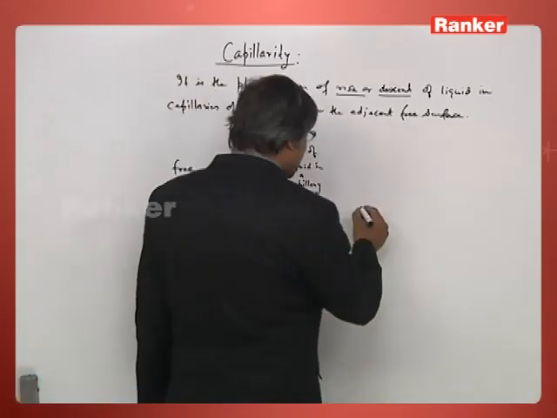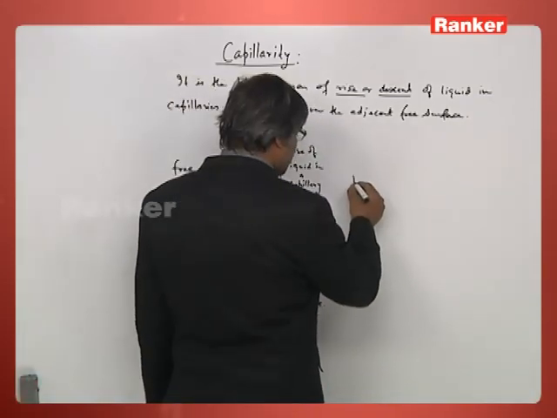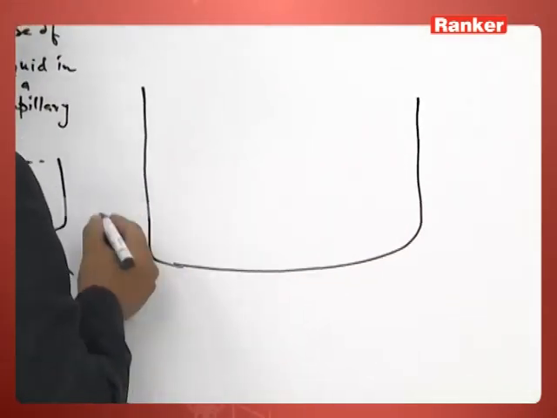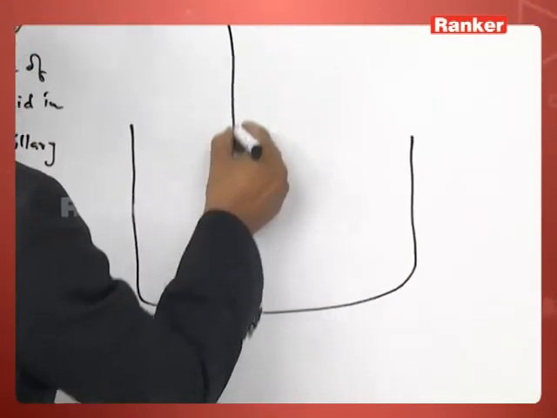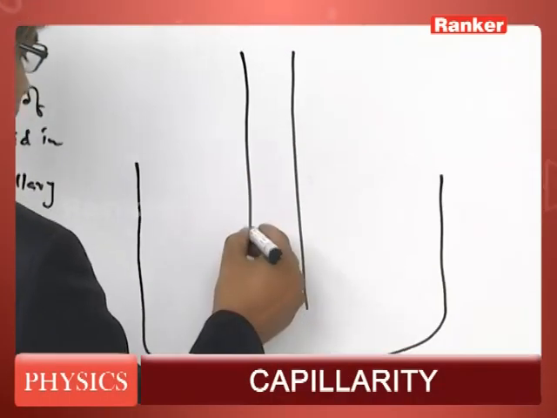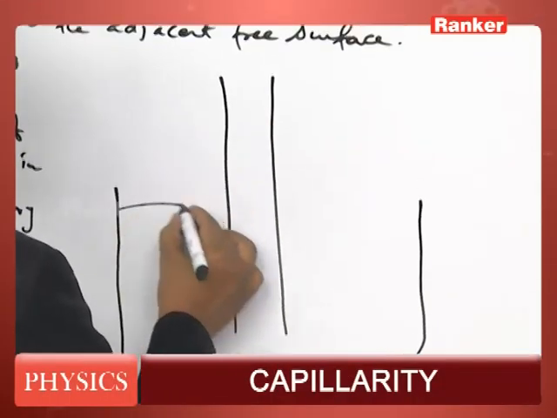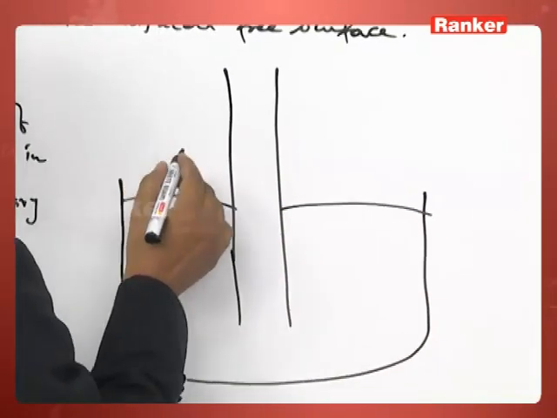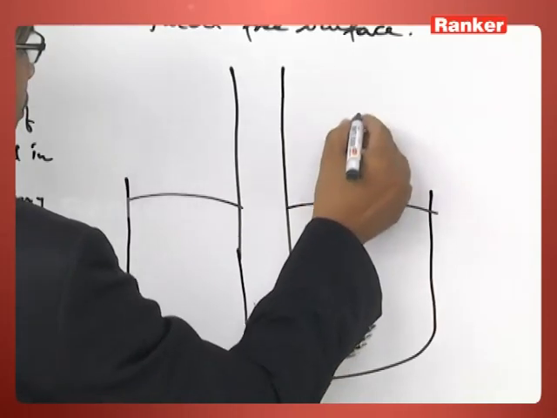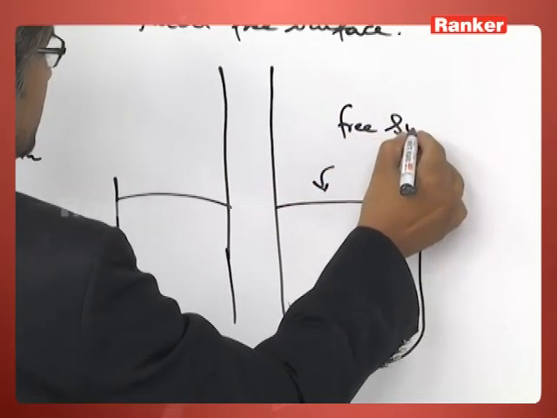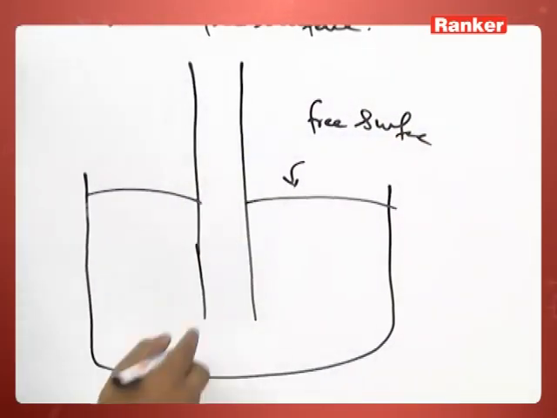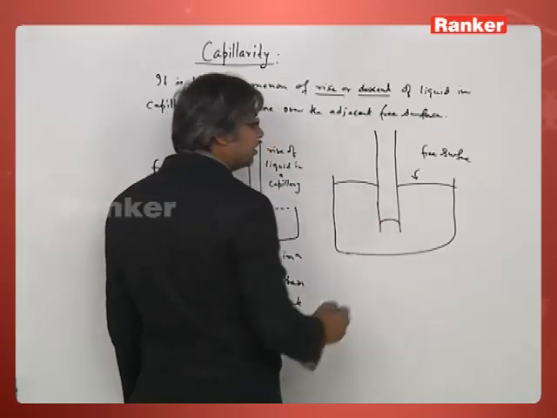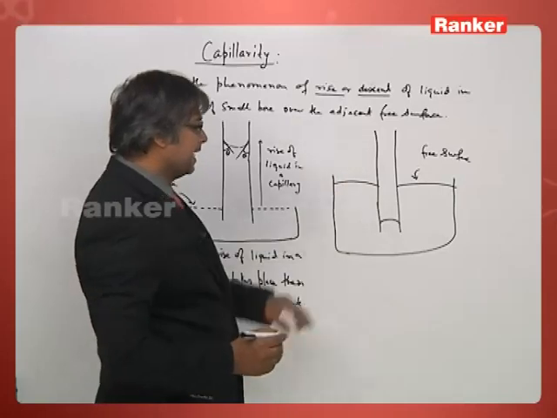There is another kind of liquid. Suppose this is another kind of liquid in a vessel. Suppose I dip a glass tube like this. Then what will happen? This is the adjacent free surface, free surface everywhere. But inside the capillary, descent of liquid takes place.